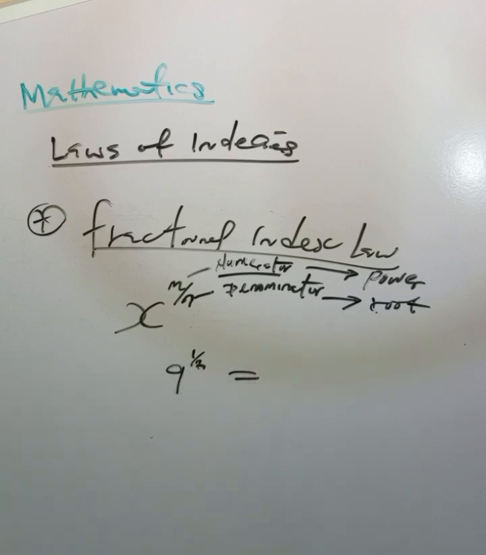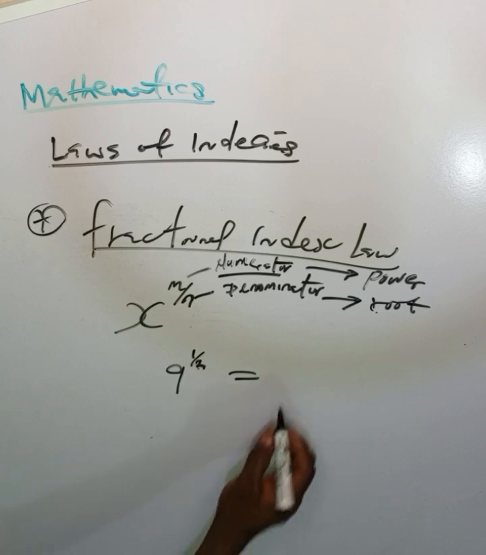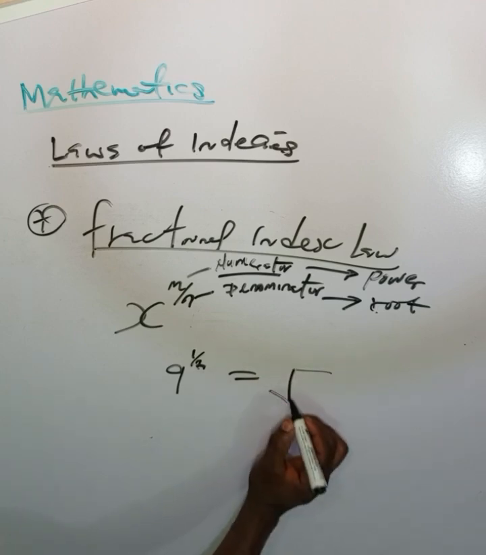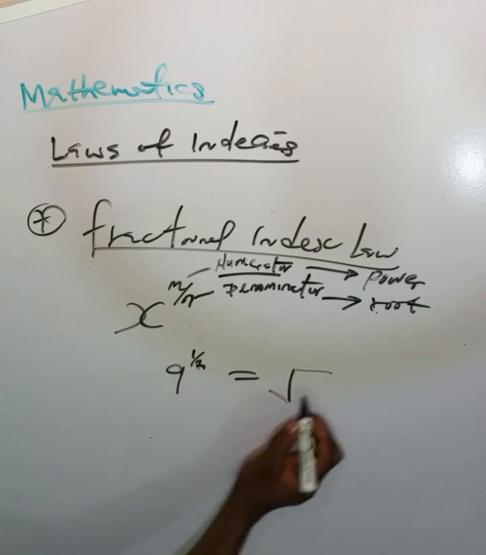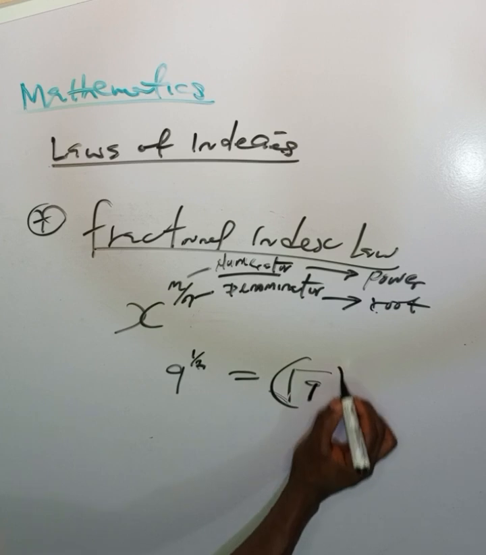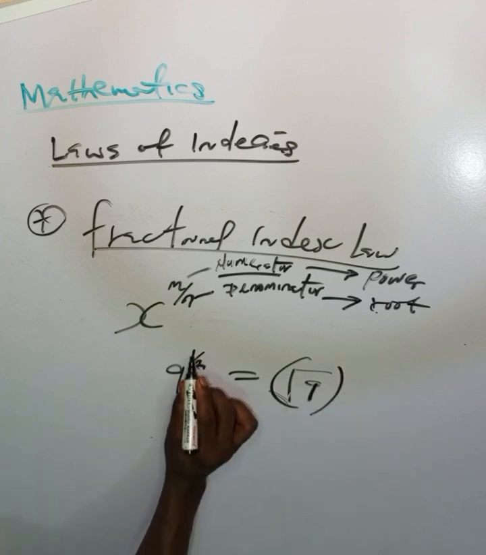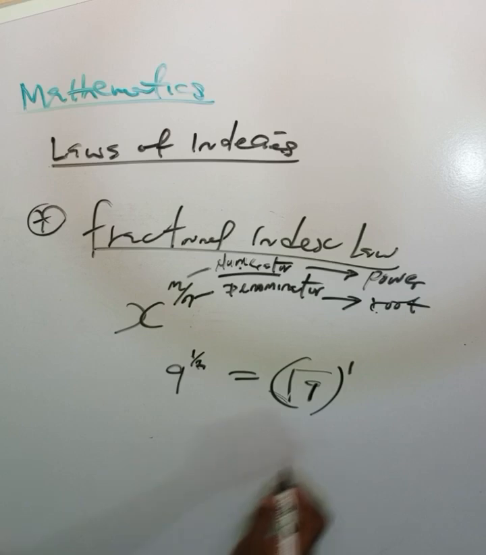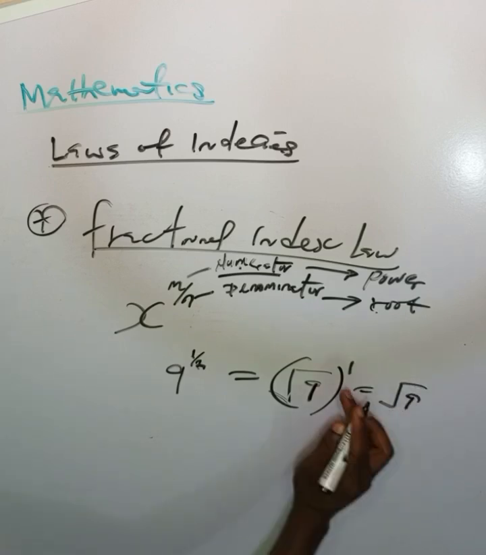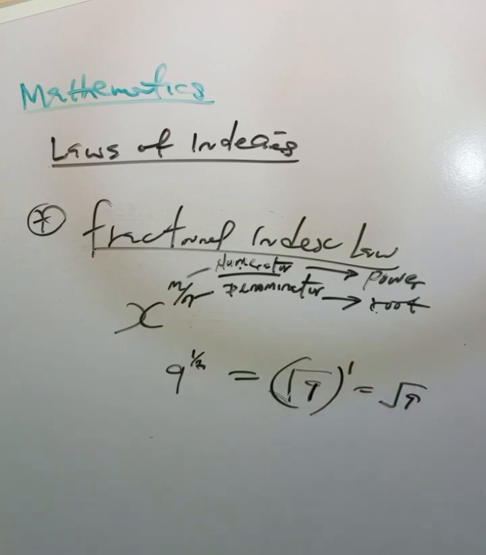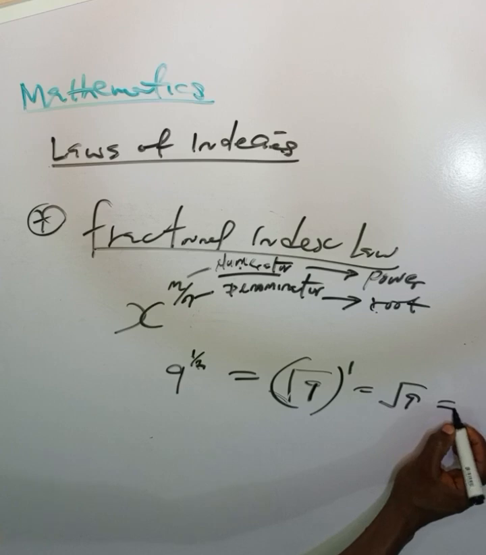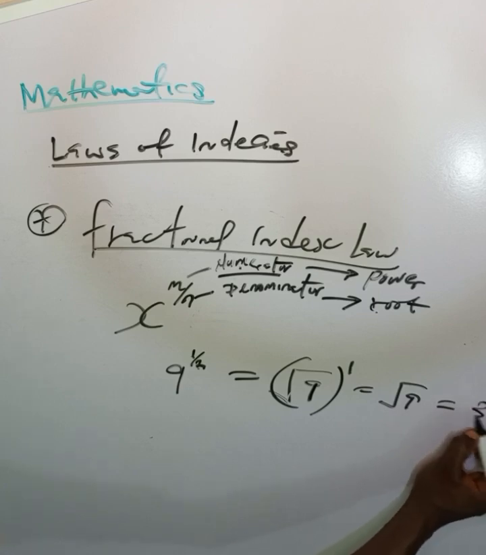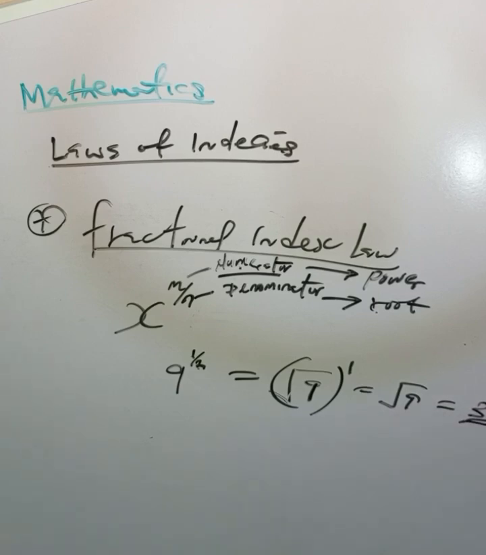So root 2 means square root, right? Square root of 9. What will be the power? The power is the numerator, which is 1. Square root of 9, anything raised to 1 is equal to that number. Square root of 9 is 3. I hope you know that.